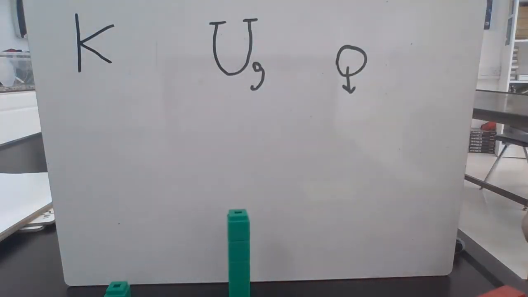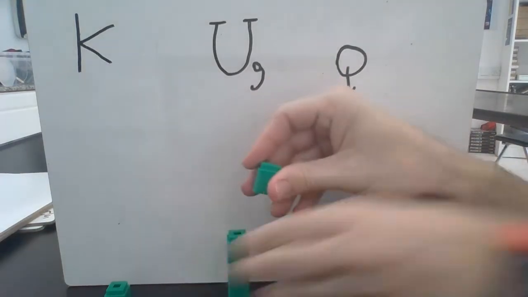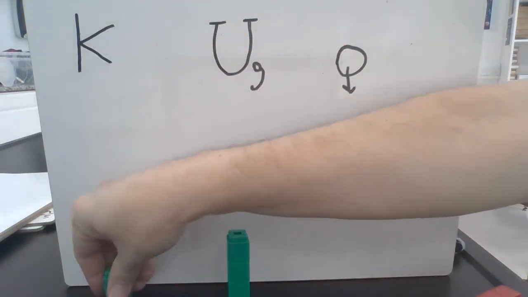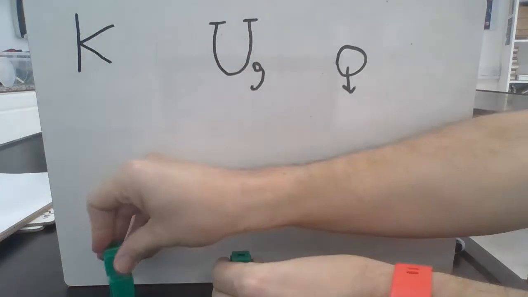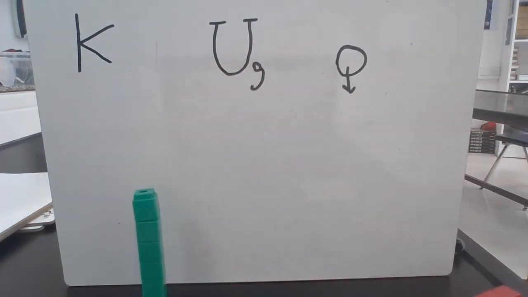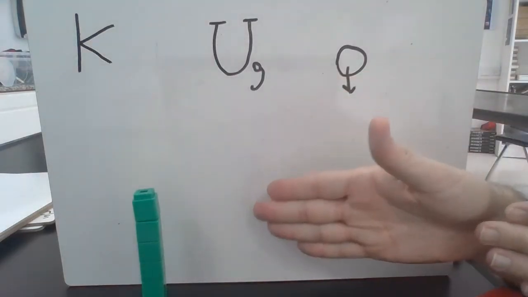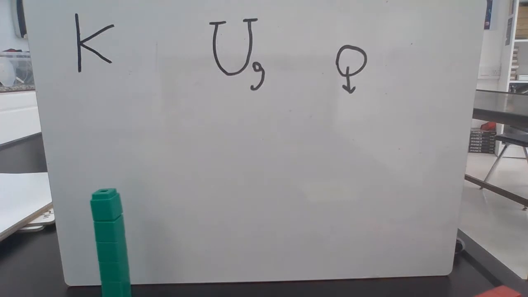As the ball continues to fall, more of this gravitational potential energy turns into kinetic energy, and it gets lower and lower, until right before it hits the ground, all of that gravitational potential energy that was there is now transferred into kinetic energy. One piece at a time. Every bit that the ball goes down, some of that energy is transferred into kinetic energy.